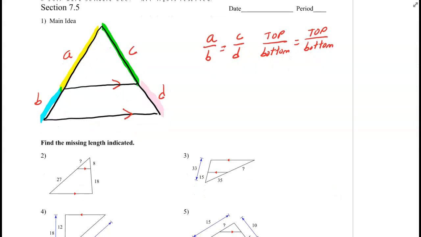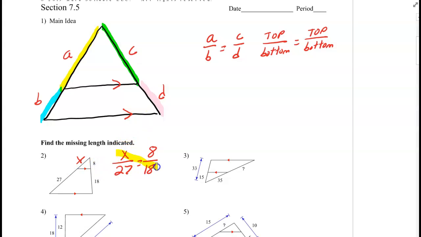If we look at example 2, and I think of this as the fraction bar, I'm going to call the question mark x. If I do that, I could say x over 27 is equal to 8 over 18. And then I can cross multiply. So when I cross multiply, get rid of this blue line.